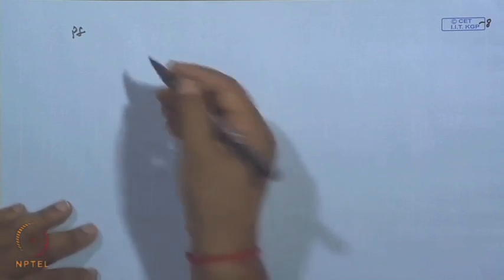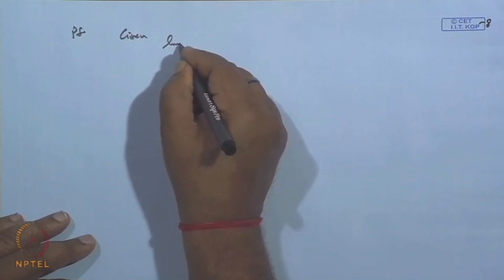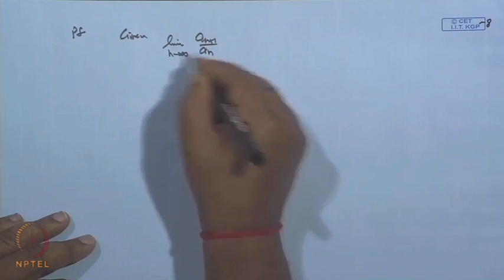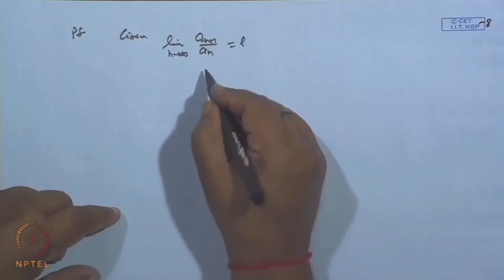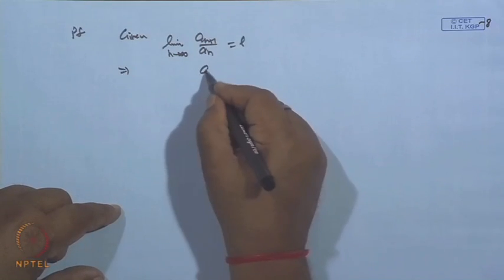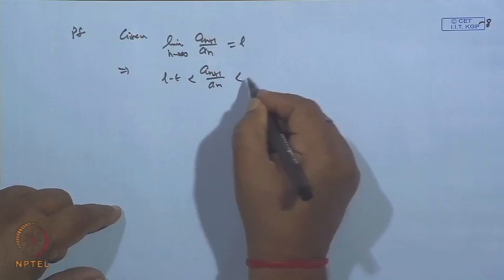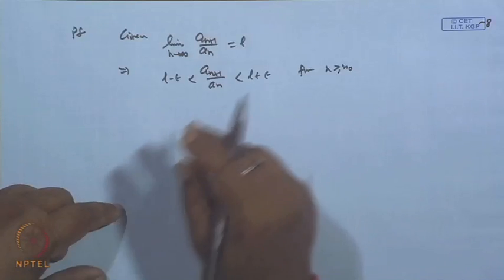What is given is that the limit of the sequence a n plus 1 by a n is L. So, by definition, a n plus 1 by a n will lie between L minus epsilon and L plus epsilon for n greater than or equal to n naught. Is it not?